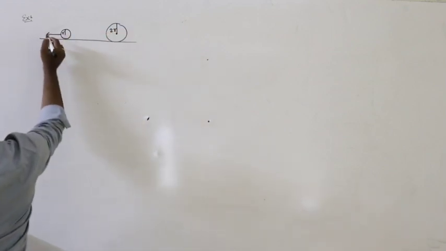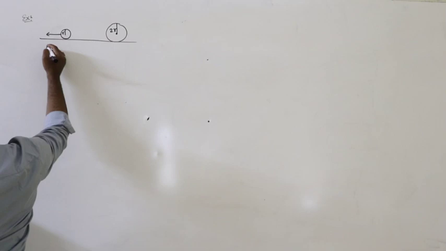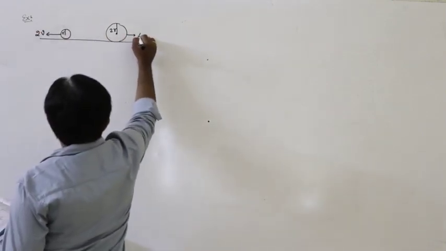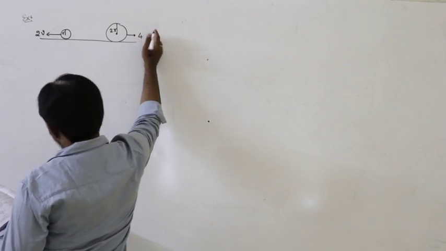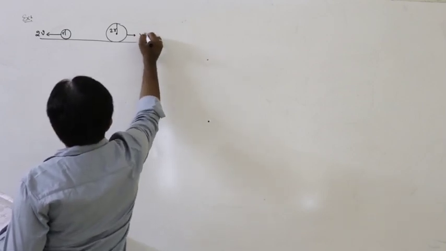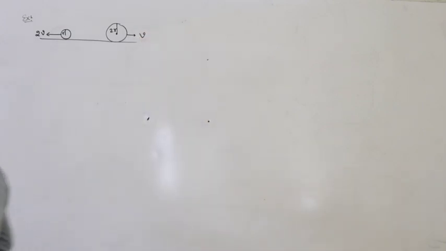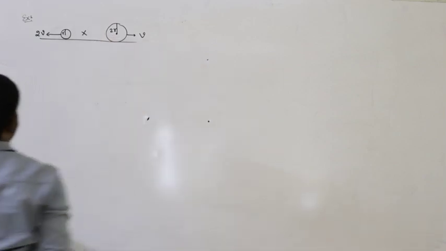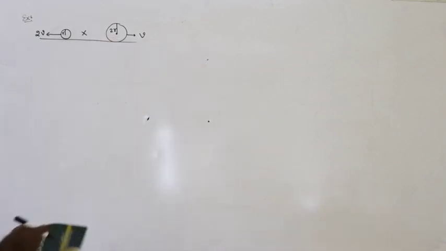It moves with velocity 2v and this one moves with velocity v. Now what is the direction of the magnetic field? The direction of the magnetic field is B, like that, perpendicular to the plane.